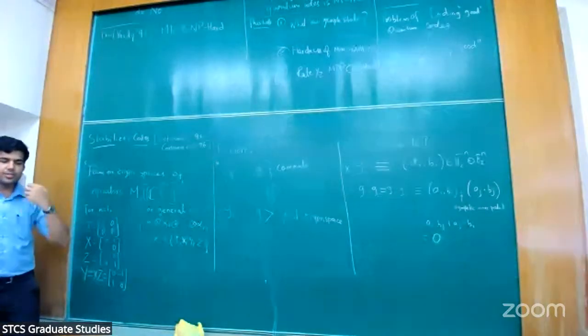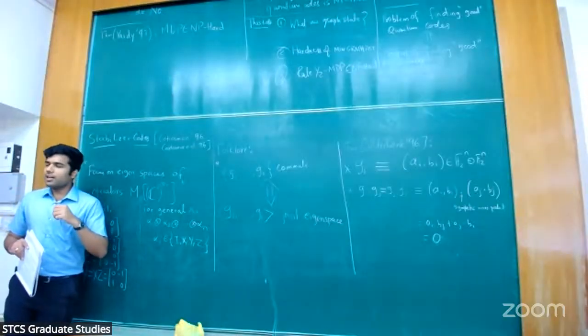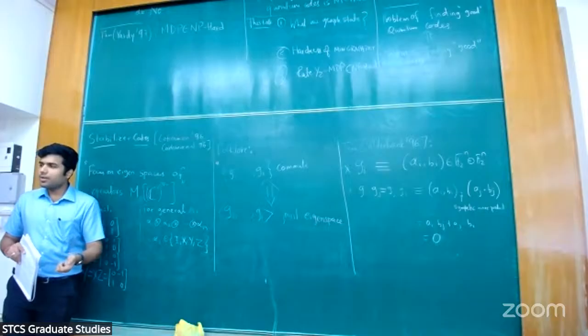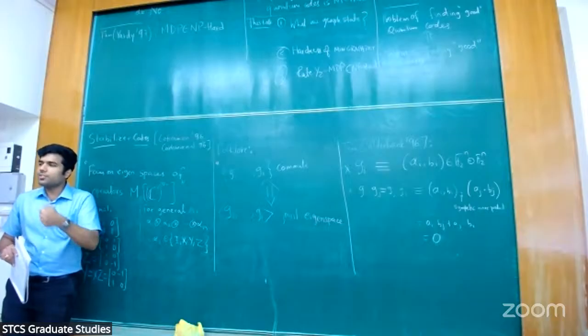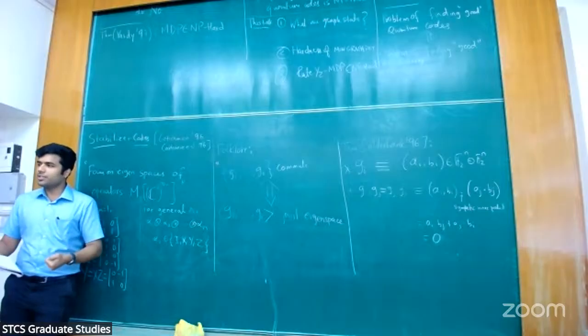And you talk about the eigenspaces of them. Right now, we were focusing on an eigenspace of a single operator. Why not consider the joint eigenspace? Consider a bunch of operators and look at the joint eigenspace.